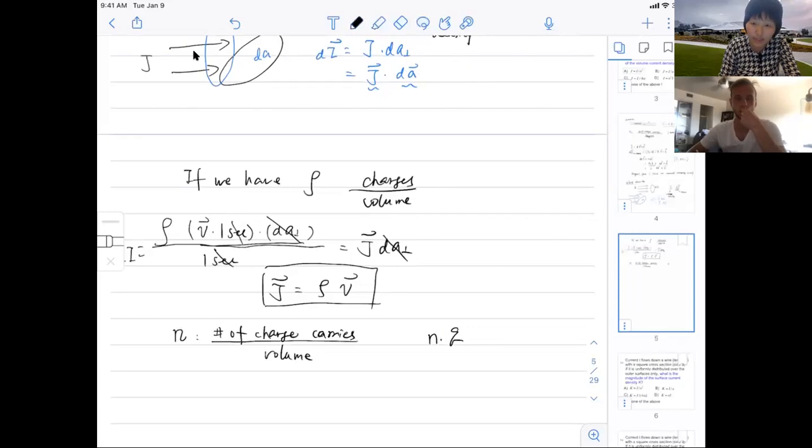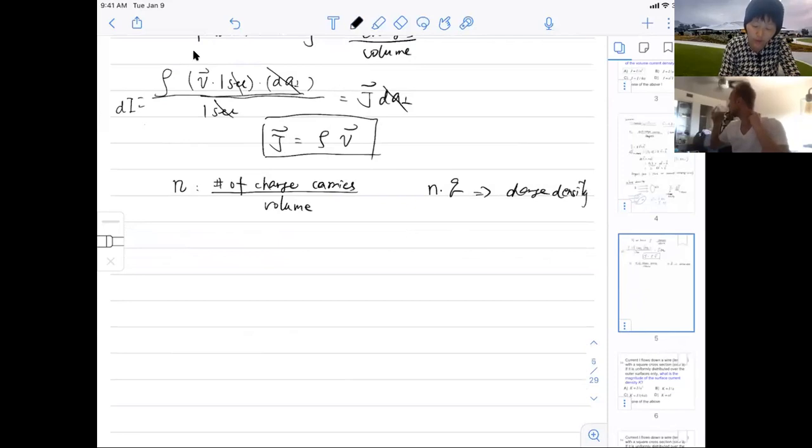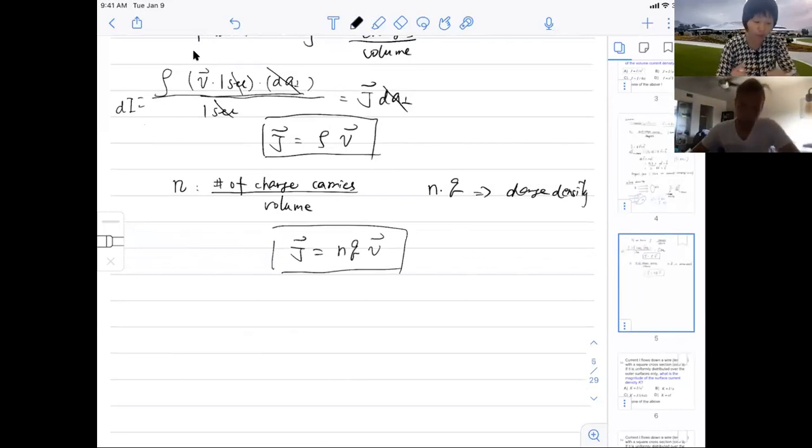Because n is the density, this gives you the charge density. So you change number density to charge density simply by multiplying n times q. So J is going to be, instead of rho, nq, that is your new charge density, times v. J is nqv, okay?